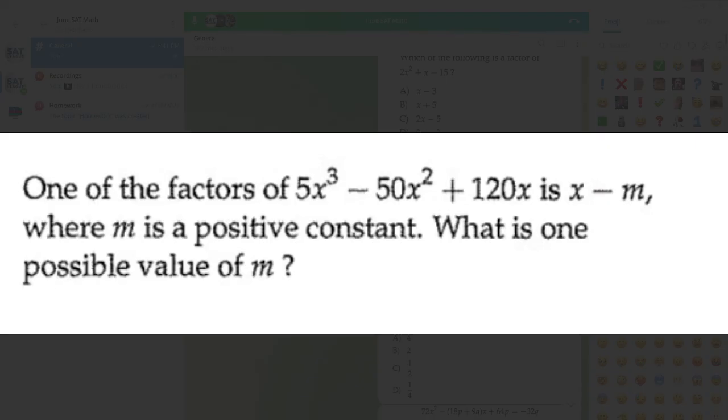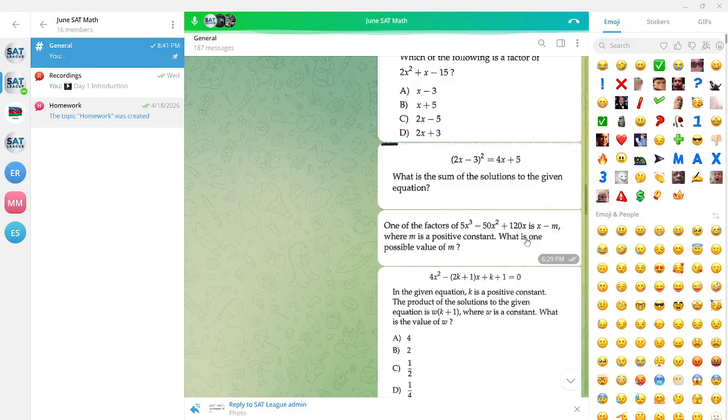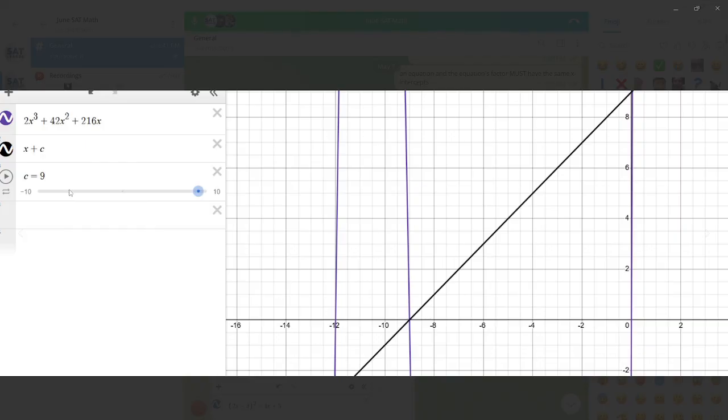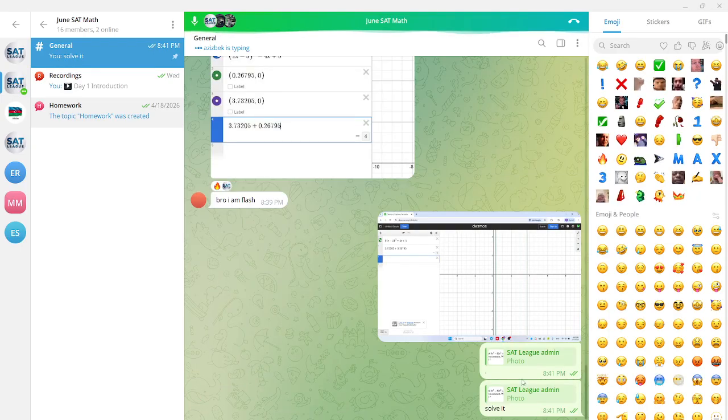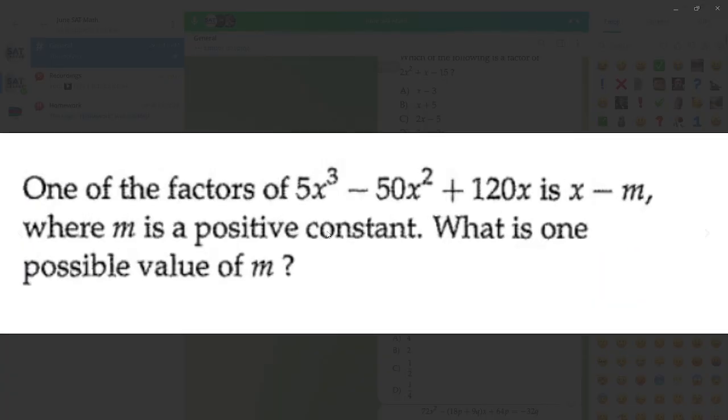Guys, use the same trick I used, and try to solve this question. You have this picture here of how I solved the other question. You can do the same thing without any struggles. Find one possible, not the greatest, not the smallest, but any possible positive value of m.